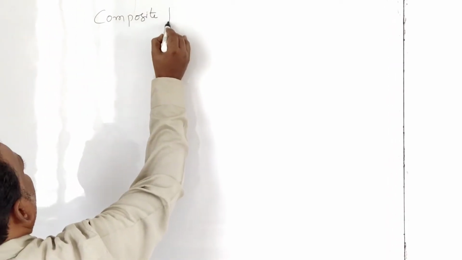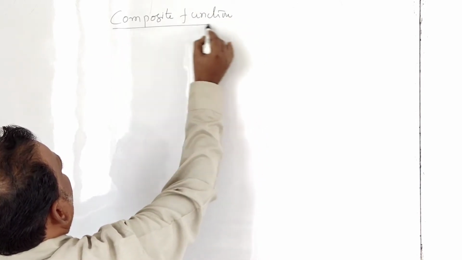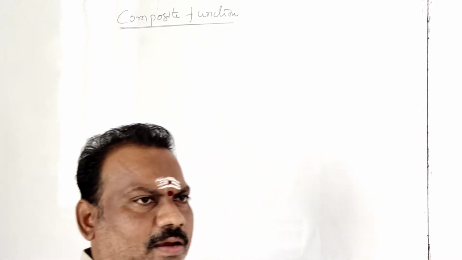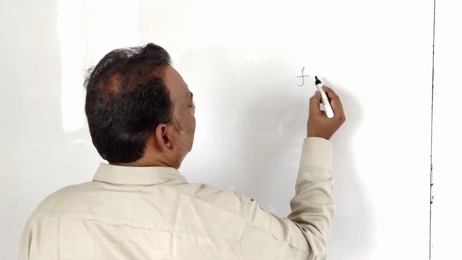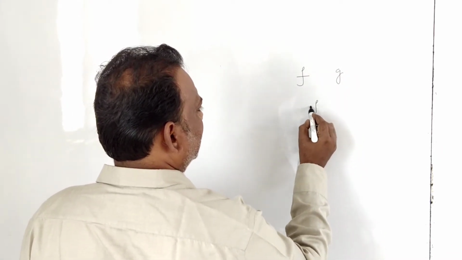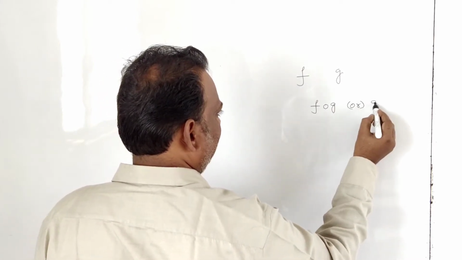So see here, students, composite. If two or more functions are combined by using a circle, for example f is one function, g is another function, we can join these two as f circle g or g circle f.